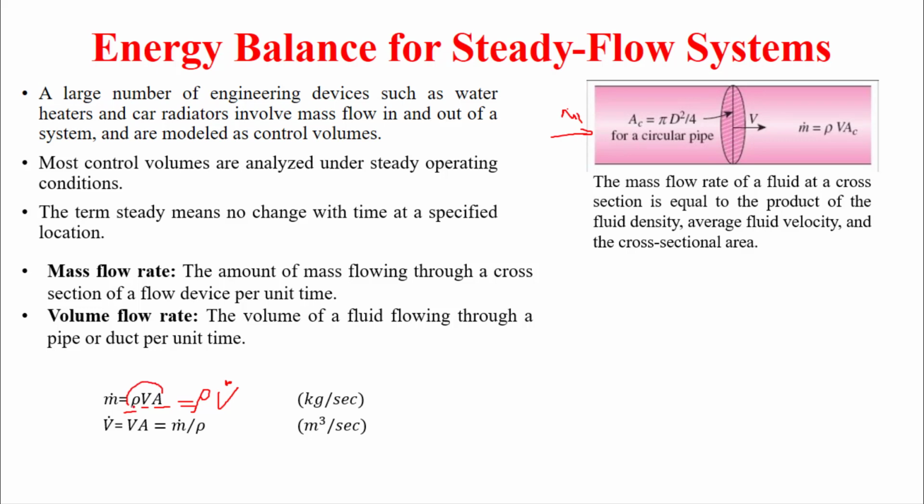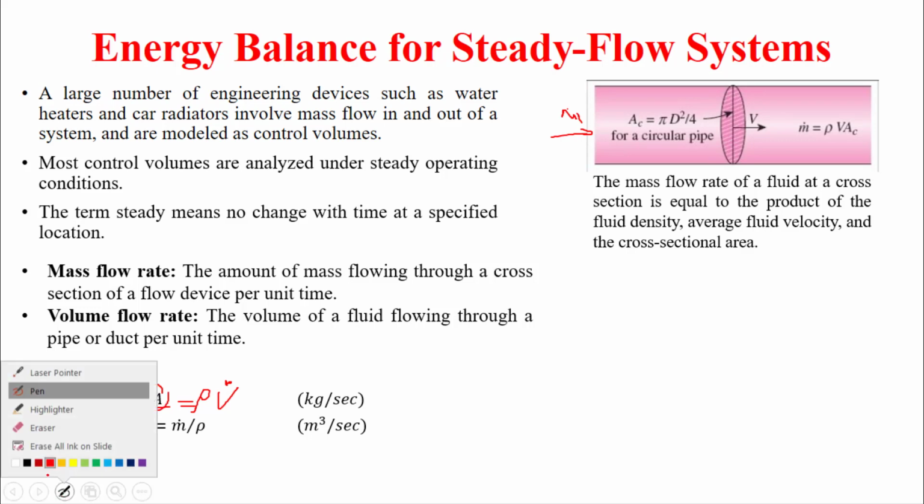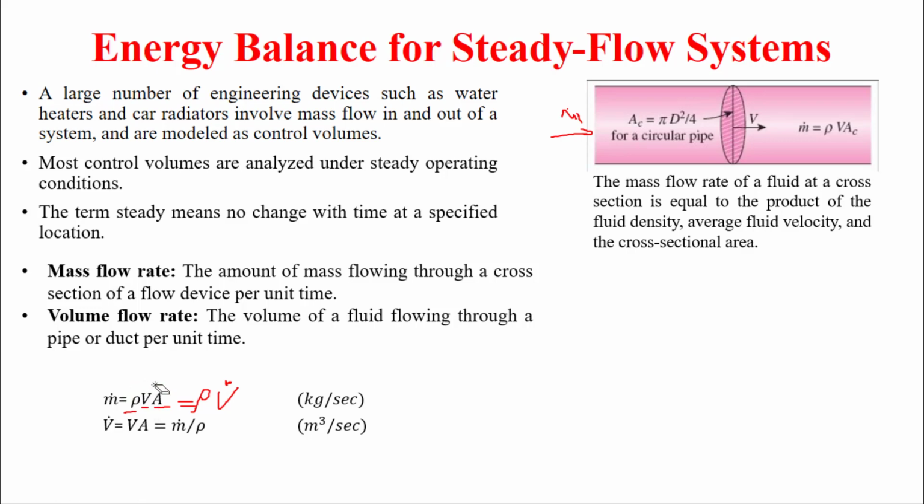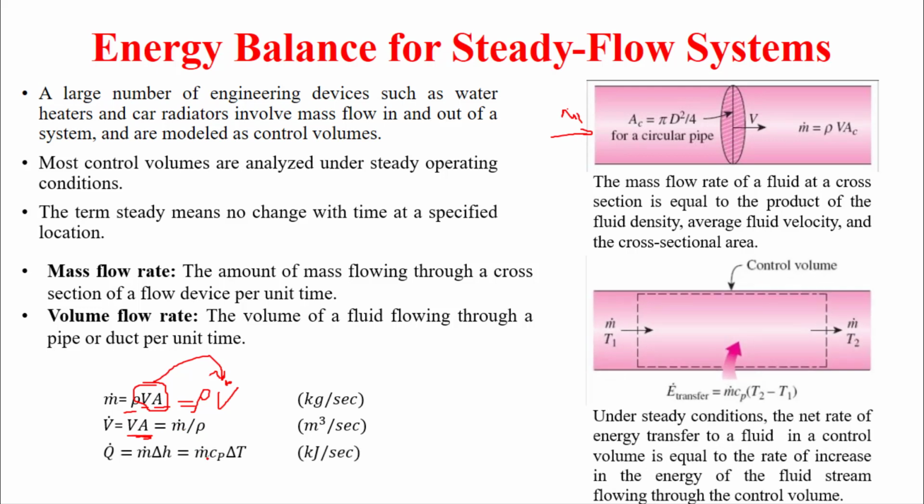Instead of velocity multiplied by area, I can substitute the volumetric flow rate, which is equal to velocity multiplied by area. So if I want to relate these equations together, I can write V dot equals m dot divided by rho.